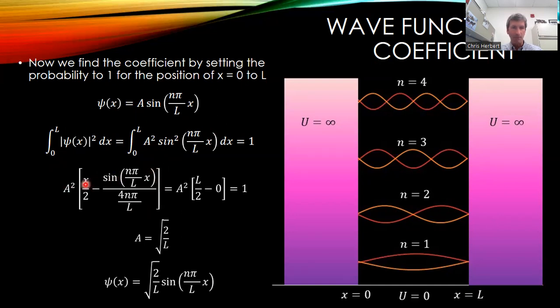If we look at this, when you evaluate this, you put the a squared on front. When you have sine squared kx, and you integrate that with respect to x, you get x over 2 minus sine 2kx over 4k, sorry.